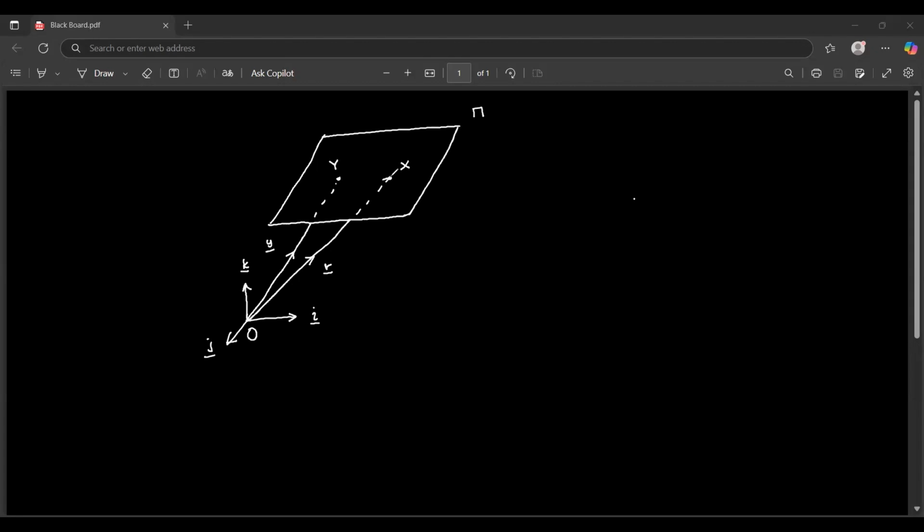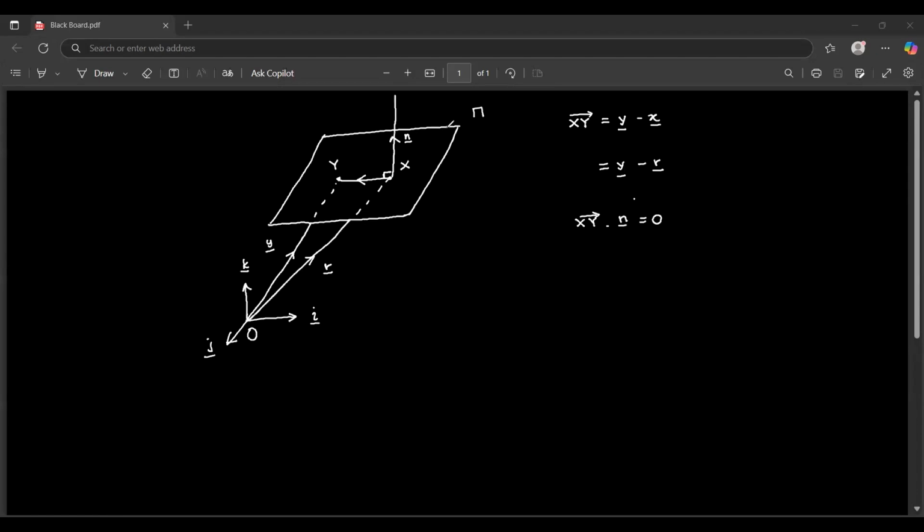Now let's find xy. So xy can be given as y minus x. Since x is equal to r in this case, I will give it as y minus r. Now let's talk about the perpendicular vector. Let's say this is the perpendicular vector n, or the normal vector n. So we know xy dot n is equal to 0.